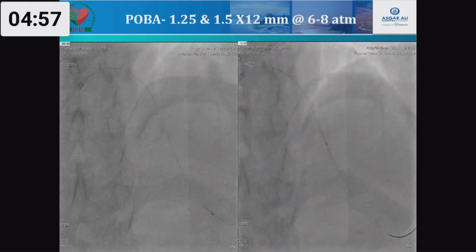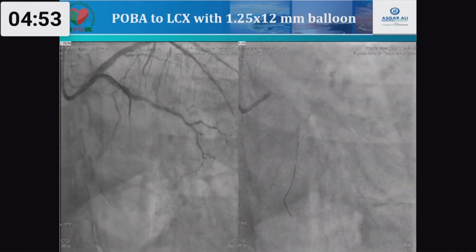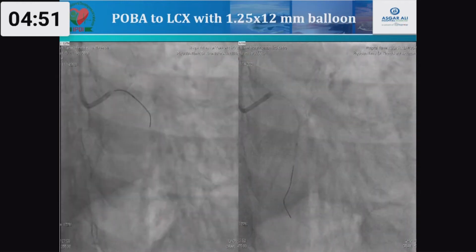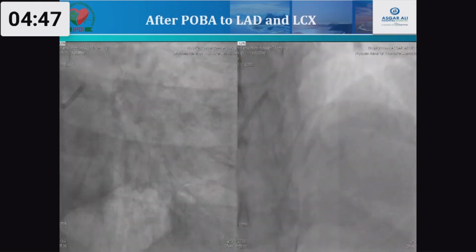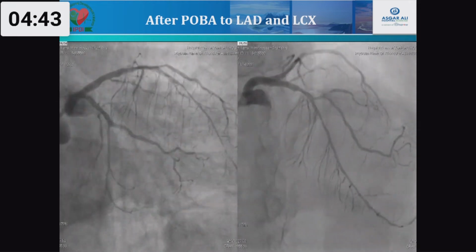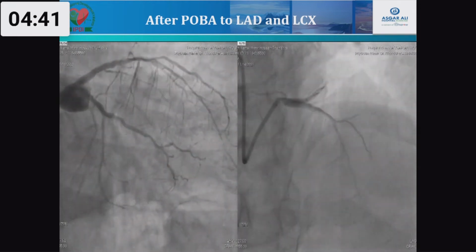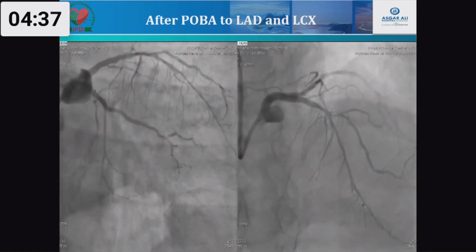And you can see here just sequential ballooning. And just after the LAD, across the LCX, with a similar technique and similar balloon. I did the POBA to the LCX and LAD successfully without any residual complications and residual stenosis.